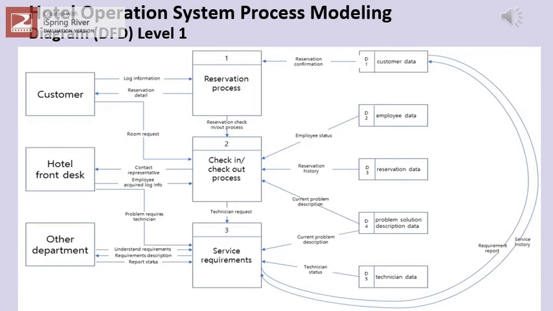There may also be technician data saved on the system. So the final data will be the requirements report or service history for each account in each department and each employee, to save it in the service requirement process as well.